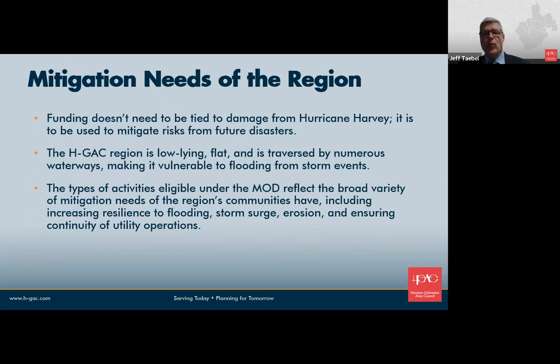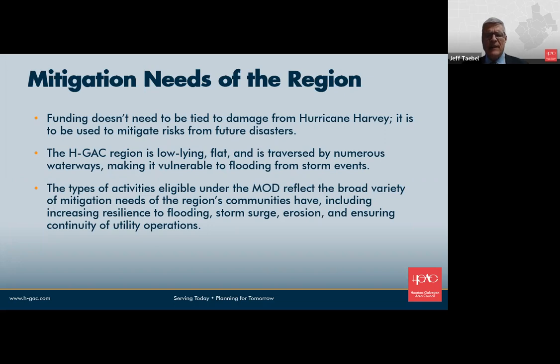So as I mentioned before, in looking at the mitigation needs for the region, the funding does not need to be tied to damages from Hurricane Harvey. It can be used to mitigate risks of potential future disasters. And of course, as we all know who've been here for a while, our region is low-lying, it's flat, it's traversed by thousands of miles of waterways, and so we're certainly vulnerable to flooding from storm events.